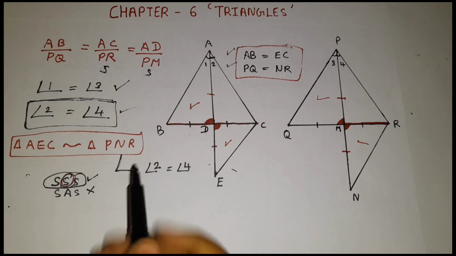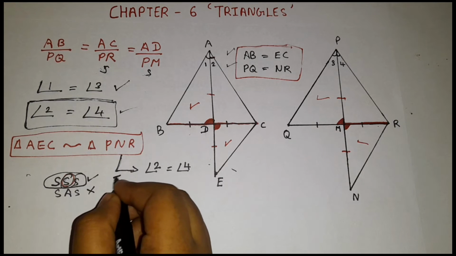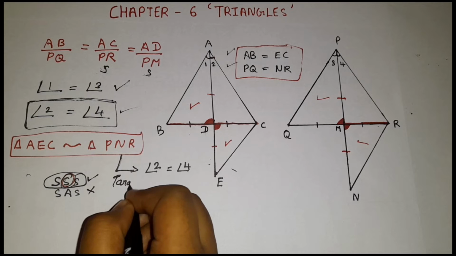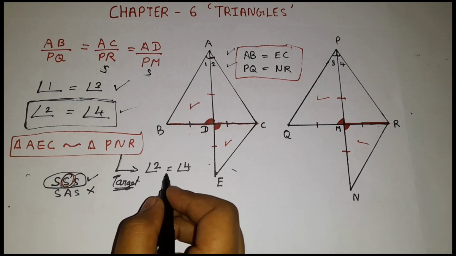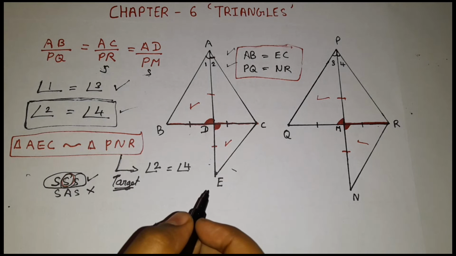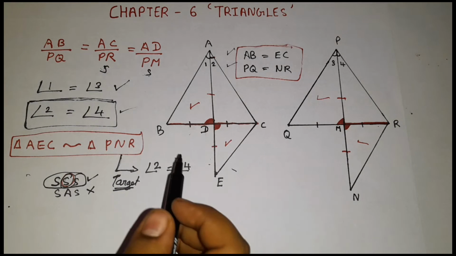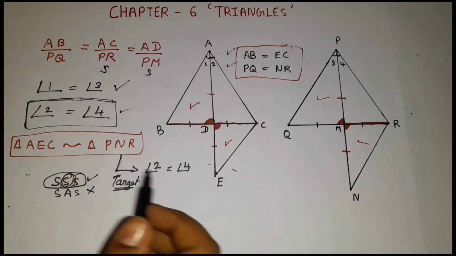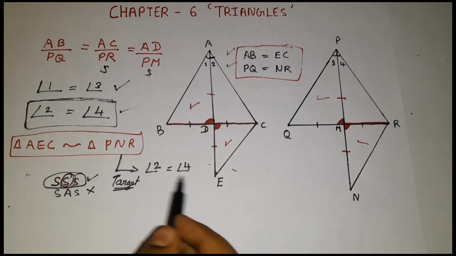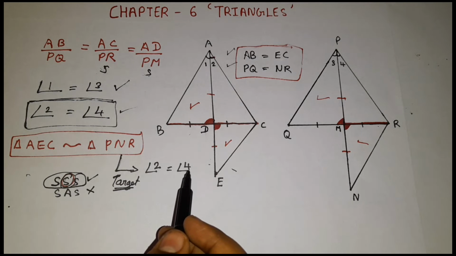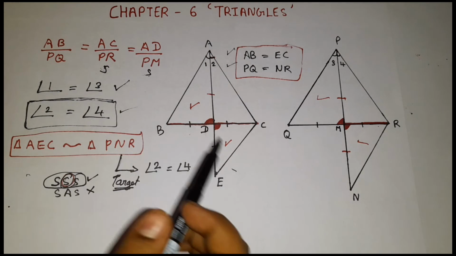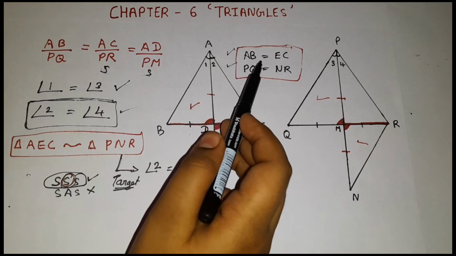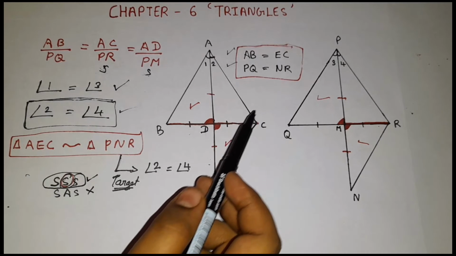Because the main target is we want angle 2 is equal to angle 4. For that, we want values. Whenever we prove something is congruent, we need values. We didn't have one side value, so we proved congruence. Now we got the side value.